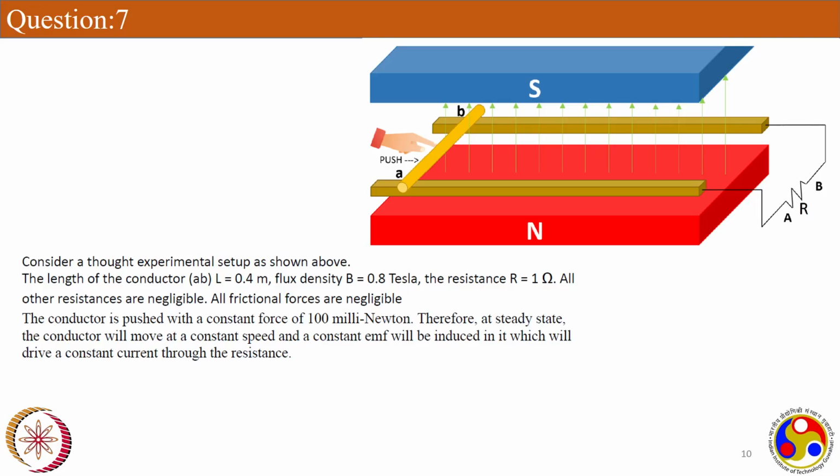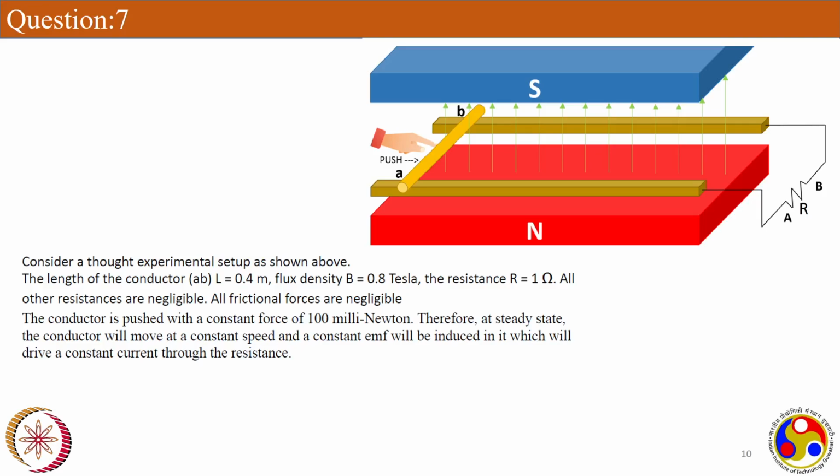Now, at the initial instant, we are just pushing the conductor with some force and we are leaving it. After we leave it, since there is no friction between the surface and the conductor, it will never stop.